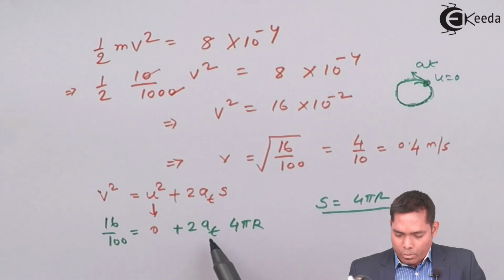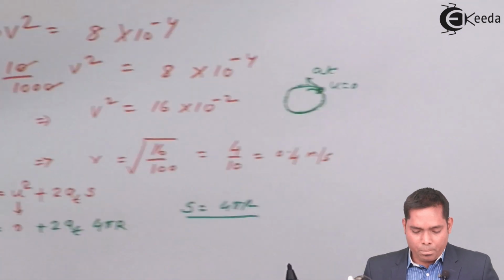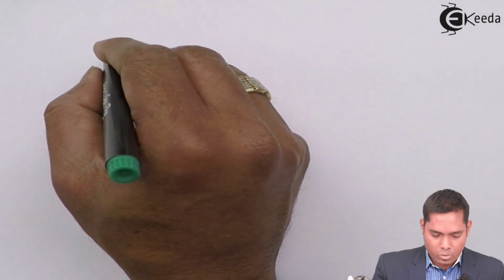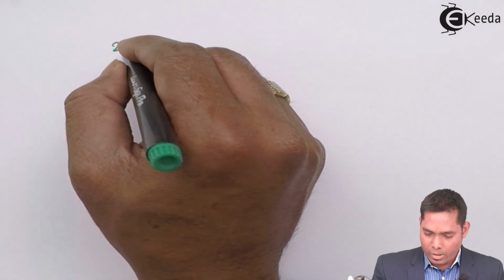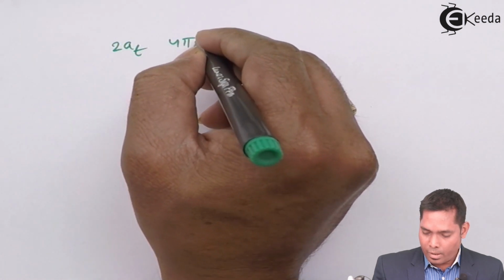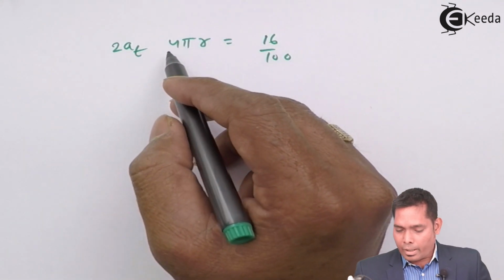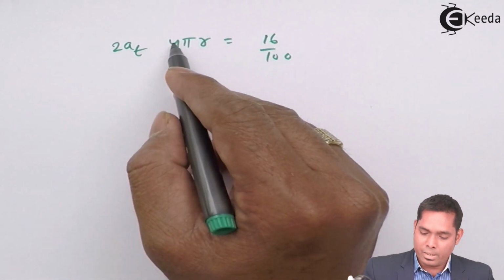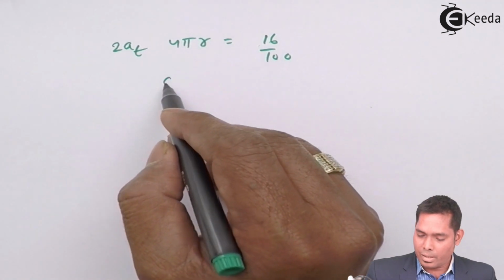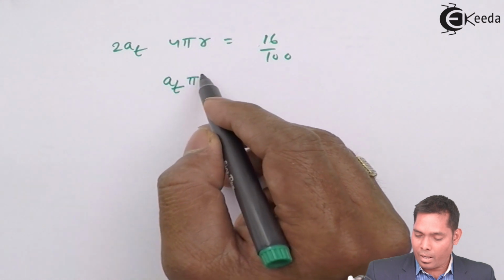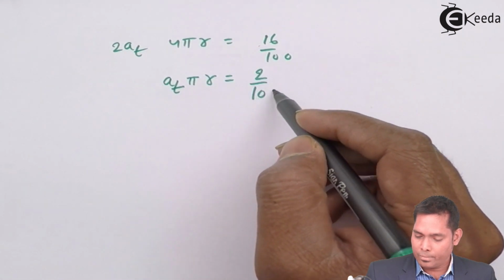So from here I have to calculate what is a tangential. So 16 upon 100 equals 2 a tangential into 4 pi r, and this is 8, 2 for the 8, 8 to the 16, so it is 8 a tangential pi r equals 16 divided by 100.